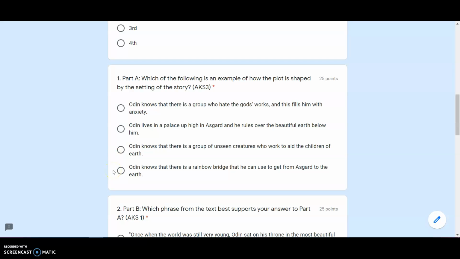Or D. Odin knows that there is a rainbow bridge that he can use to get from Asgard to the earth. Now remember, Odin knows that there are these dark figures who he needs to know more about. Okay, so which one of these answer choices proves that Odin knows that there are these dark figures down below and he just needs to know more about them? Go ahead and pause this video to answer question 1.